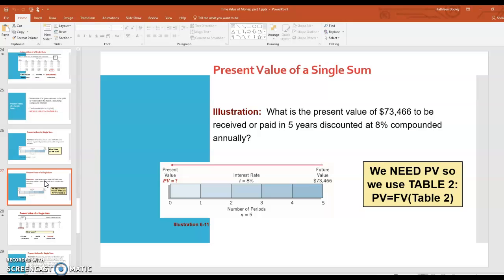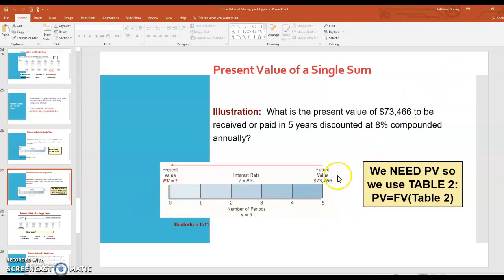Okay, so here we have a present value that we want, or we want to know what is the present value of 73,466 that we're going to be receiving in 5 years. We're going to have 8%, and it's compounded annually, okay?